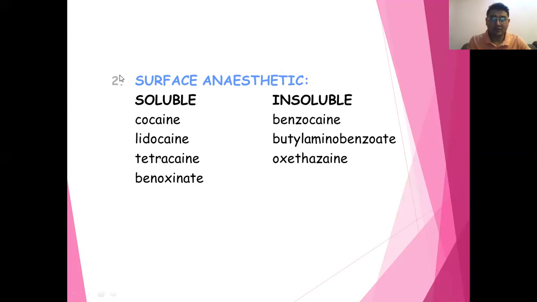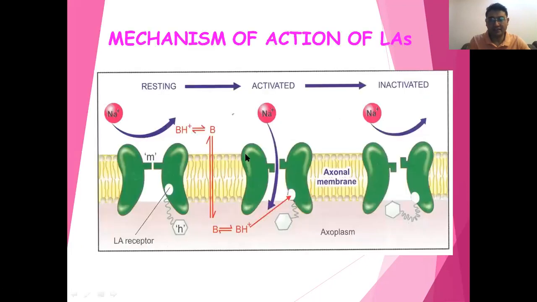These drugs are used, for example, for inserting a Foley catheter, for anesthetizing the urethral mucosa, inserting an NG tube, for anesthetizing the nose mucosa, and applying an endotracheal tube. Then we use the gel of these agents and drugs.